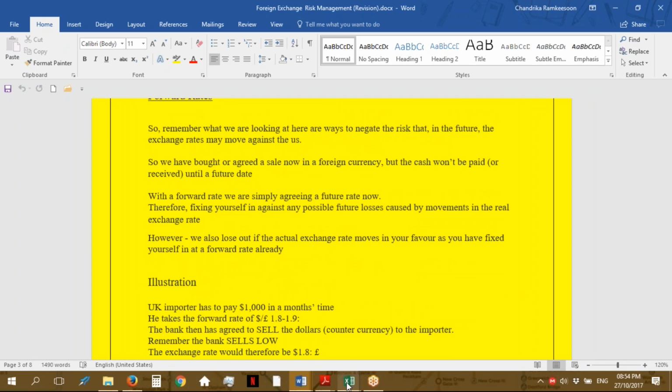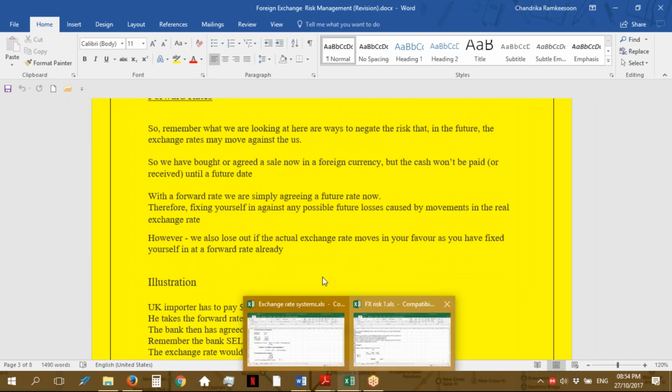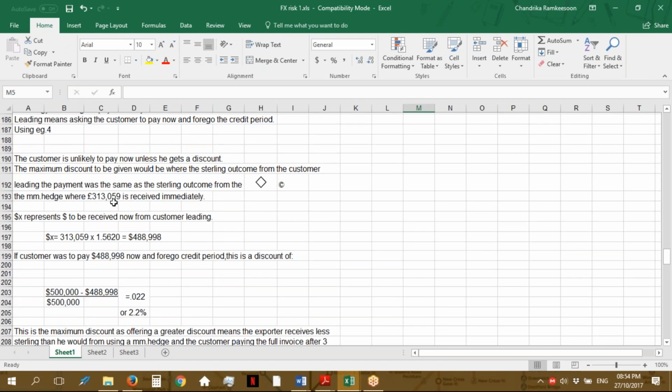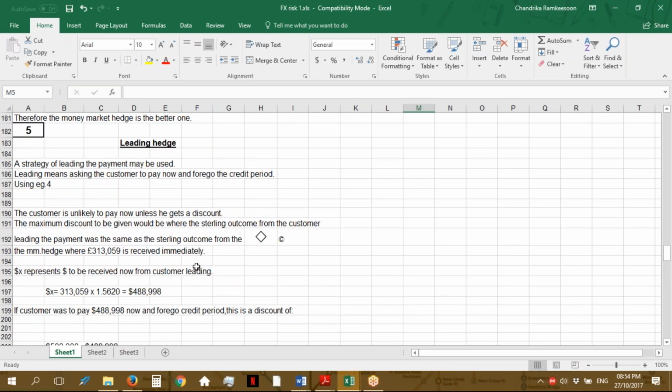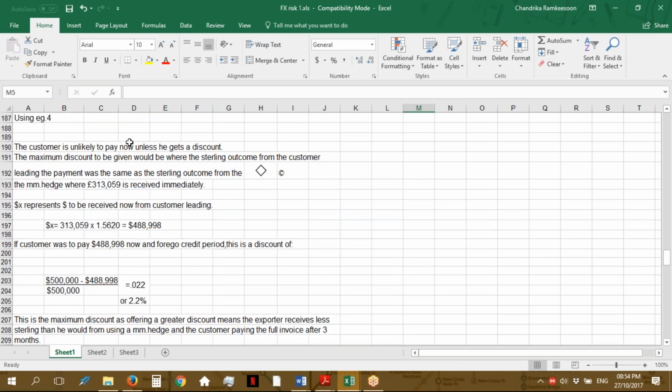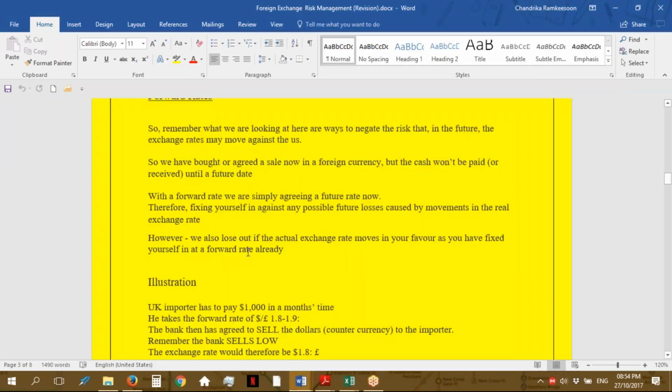Now, as I said, you've also got this one, which actually shows you in detail how the figures are worked up and whatnot, and refers to your selling rate and buying rate. So everything is there for you. And we will refer to this in between, but just to get it done quickly, let's take a look at this.